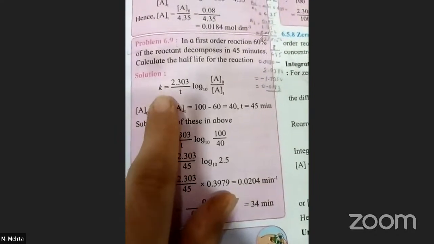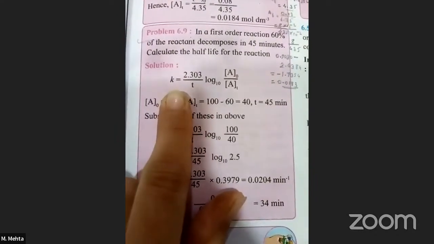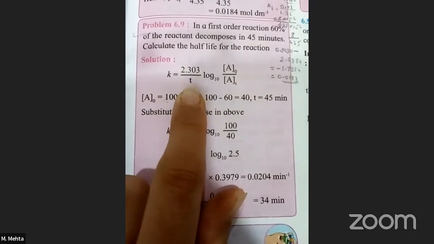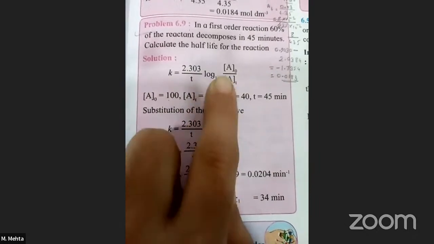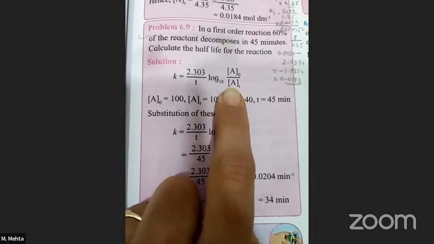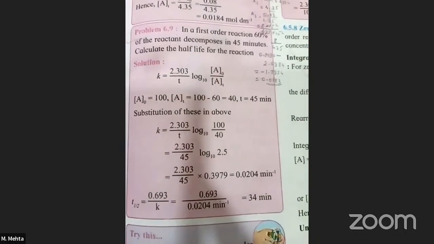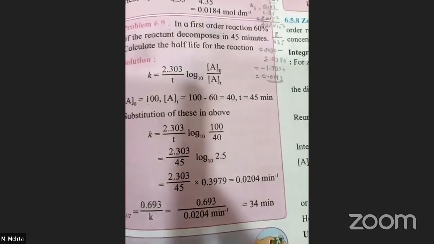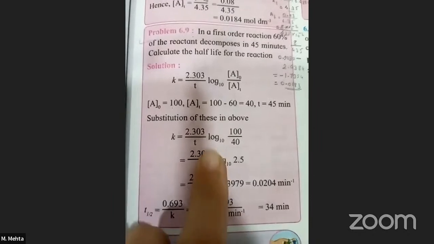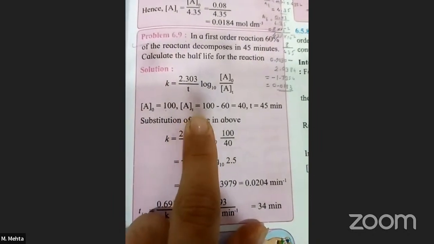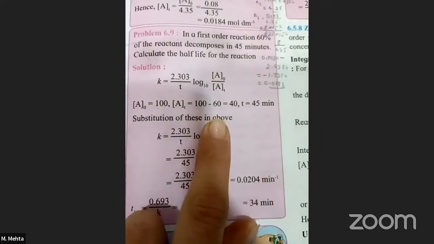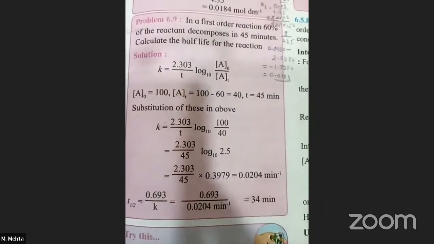So here, for a first order reaction, the equation of K is 2.303 upon T log to the base 10, initial concentration upon concentration at time T. As 60% is given, we can consider initial concentration as 100 and concentration at time T as 100 minus 60, so remaining is 40.